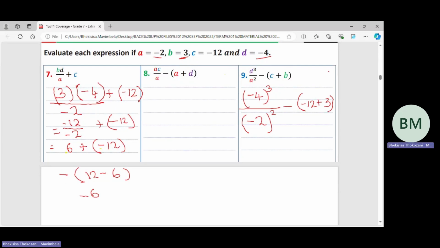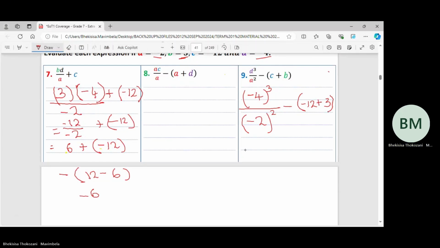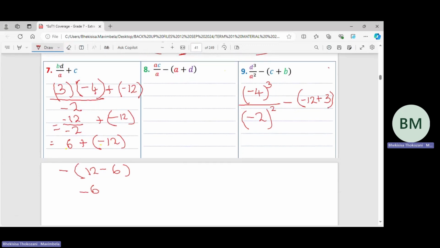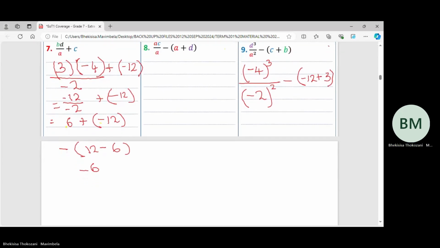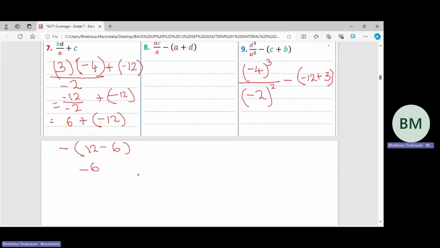Now we're looking at minus 4 to the power 3. We want to see how best we can do that one. I'm going to use this space down here. Remember, I'm still doing number 9.